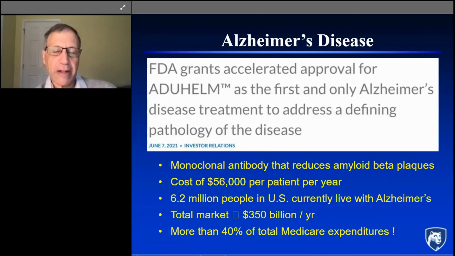If you look at the number of people in the United States alone who currently live with Alzheimer's, this has a total market potential of $350 billion a year, which is more than 40% of the total Medicare expenditures in the United States.